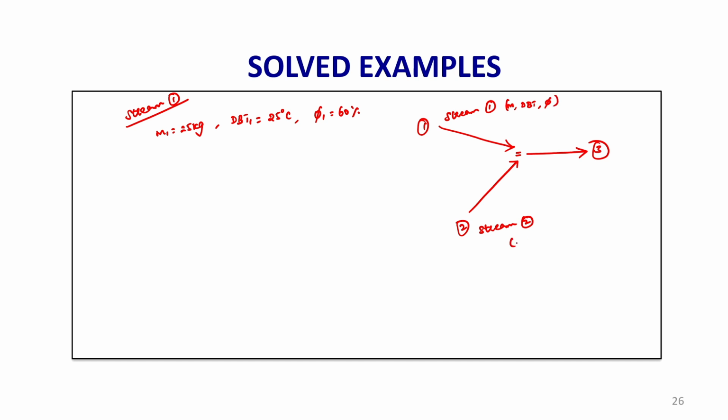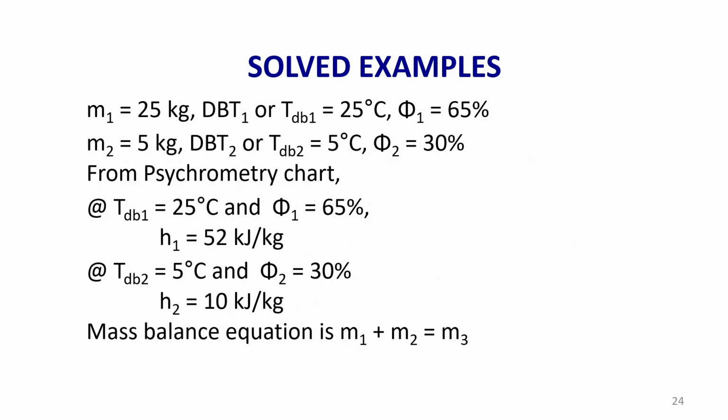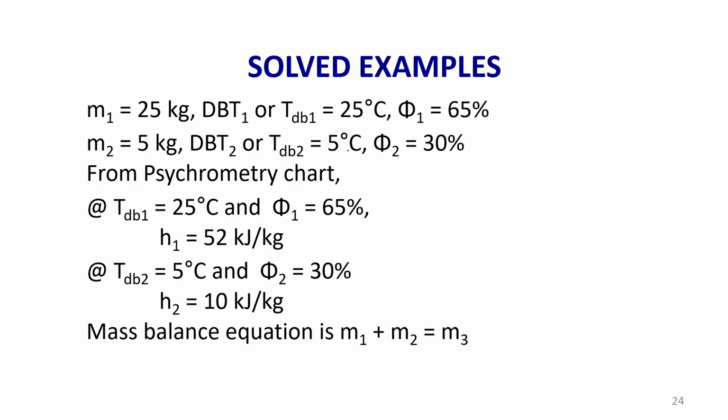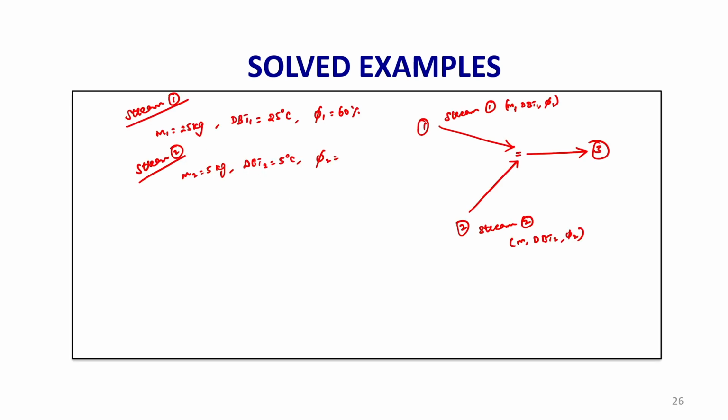Similarly, for this stream, M1, dBT1, phi 1, dBT2, phi 2, all the 3 parameters are given. So, M2 is 5 kg, dry bulb temperature 2 for stream 2 is equal to 5 degrees centigrade and relative humidity is equal to, let me check how much it is given, it is 30%.